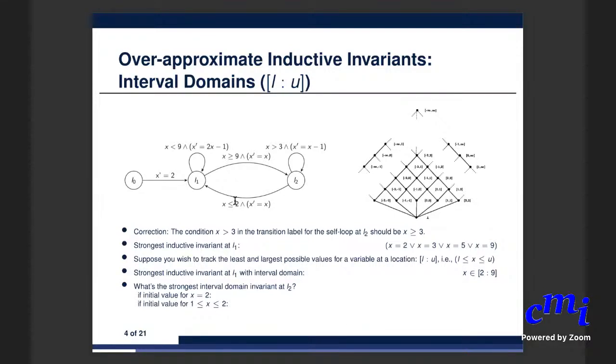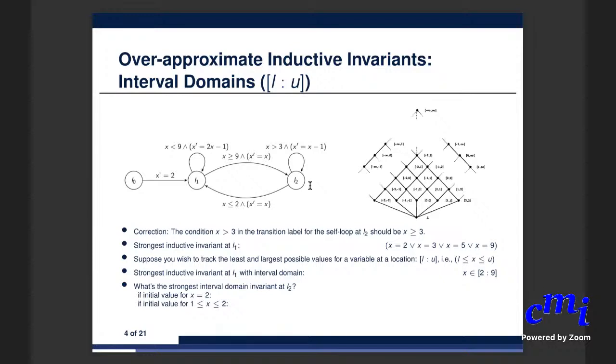What happens if my initial value is exactly 1, precisely 1? Then this program gets stuck in location L1 and never even enters L2, okay? Because it never enters L2, the set of values that it takes is empty.